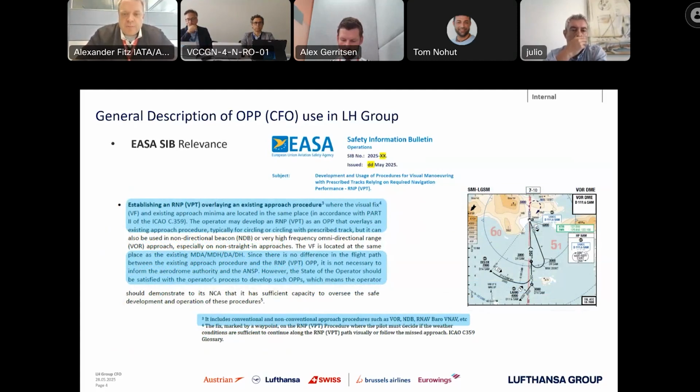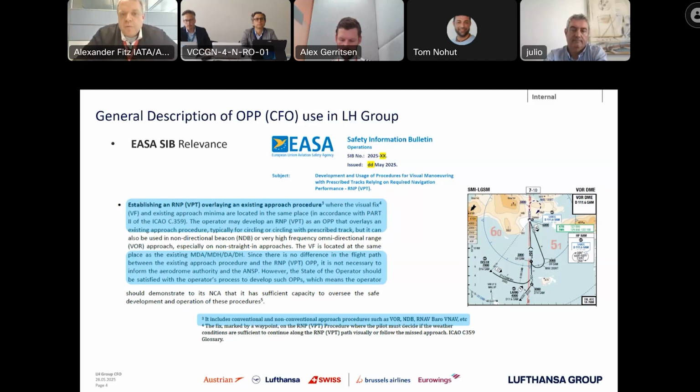This is a small picture of a small island in Greece, Samos. You can see, looking to the north, the conventional procedure of a VOR approach, which is more or less a 90 degree offset to the runway direction. By providing a conventional procedure, there is of course a lack of guidance to the runway, and what we want to give is guidance on how to fly to the runway end.